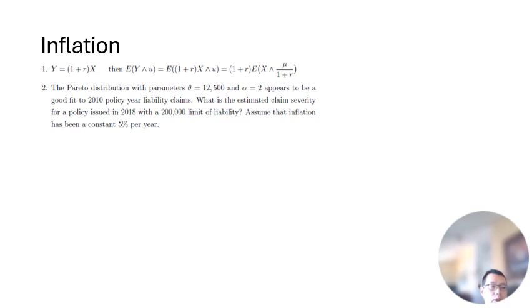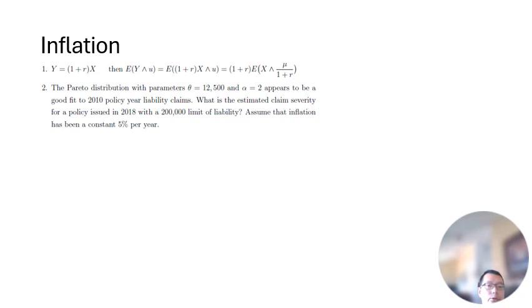Last, we are going to talk about inflation having an impact on this policy limit. This can be quickly derived using mathematical functions. Suppose Y is the claims after inflation, r is the inflation, then Y is equal to (1 plus r) times X. Then the expected value of Y∧μ will become the expected value of (1 plus r) times X∧μ.